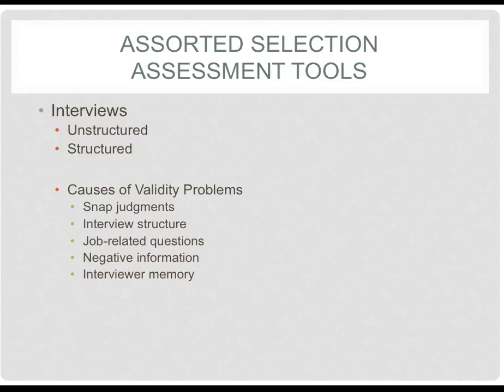I remember I did some research, I think I may have mentioned this in class, about how we determine someone who's qualified for a job. And we asked people for a snap judgment about whether or not, just looking at the resume, someone was qualified for the job. And the snap judgment of many people was, this person is not qualified, or they're less qualified, even though the resume was the same.